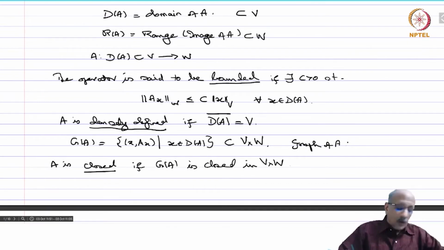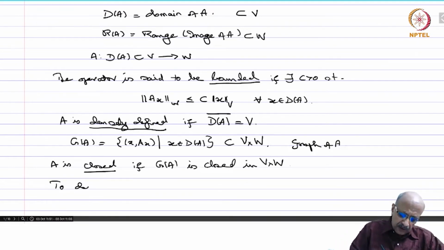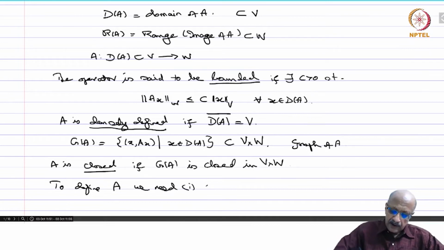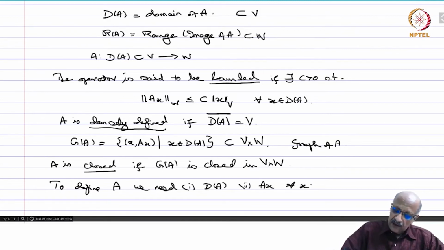Okay, so to define an operator A we need to specify two things. One, D(A), so we have to say where it is defined, and two, what its action is, A of X for every X in D(A).